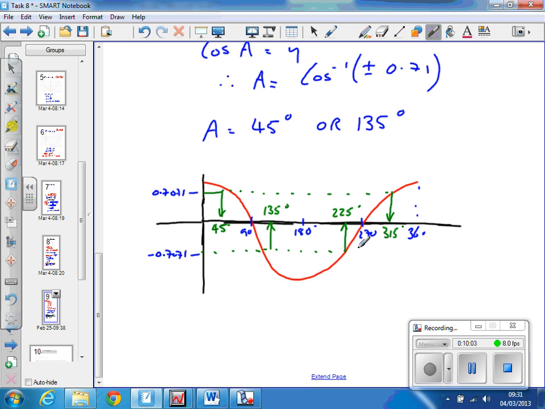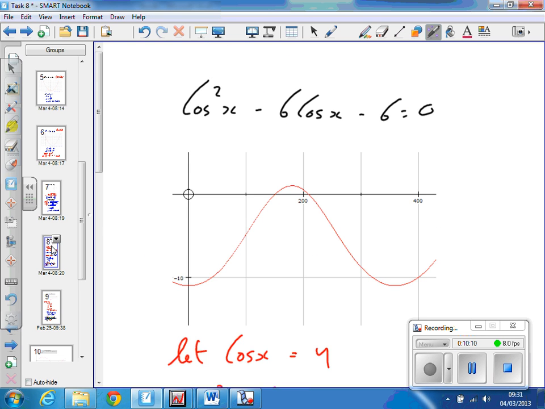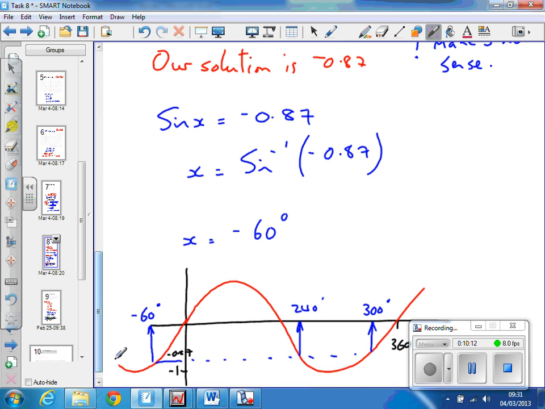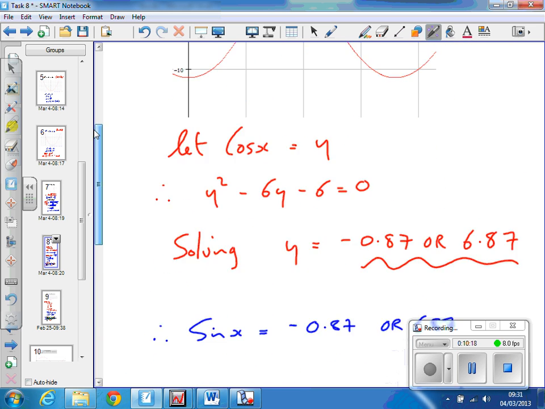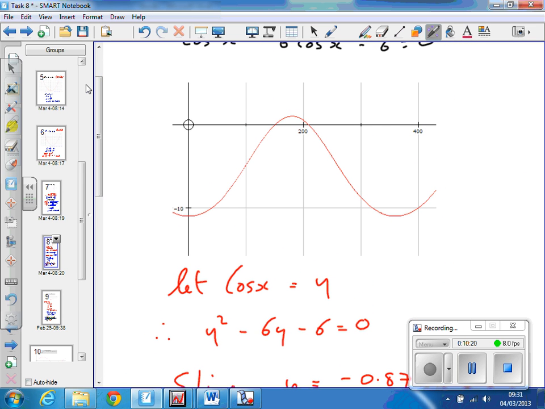But just before I leave this, I want to point out one error that I was thinking about while you were having a go at that. If we go back to the previous question, we came up with values of 240 and 300. And I went back to here while you were doing that just to check it against this, and I thought, well, that doesn't bear out this sketch. And then I spotted the deliberate mistake.